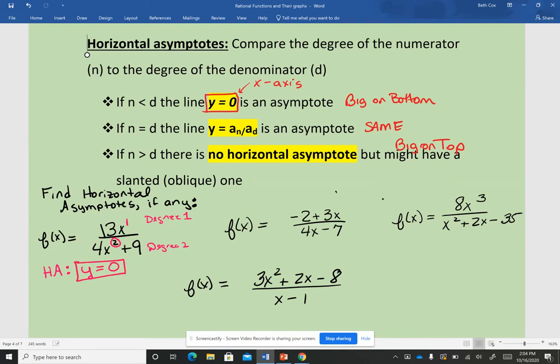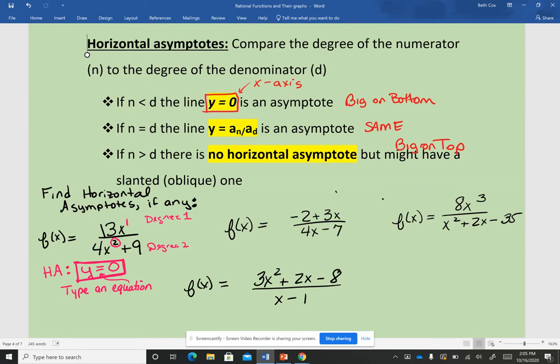That's the horizontal asymptote. Now please, when you are typing these in, if it says type an equation, you type in the y and the equals and the 0, because it says type an equation. So read your homework carefully.